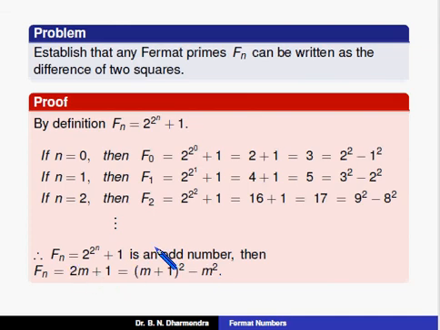If Fn is odd, it can be written as 2 to the power of n plus 1, that is odd means 2m plus 1, that is equal to m plus 1 whole squared minus m squared. When I expand this term, definitely we get 2m plus 1, because m squared plus 2m plus 1 minus m squared, the m squared and minus m squared get cancelled, and we get 2m plus 1.